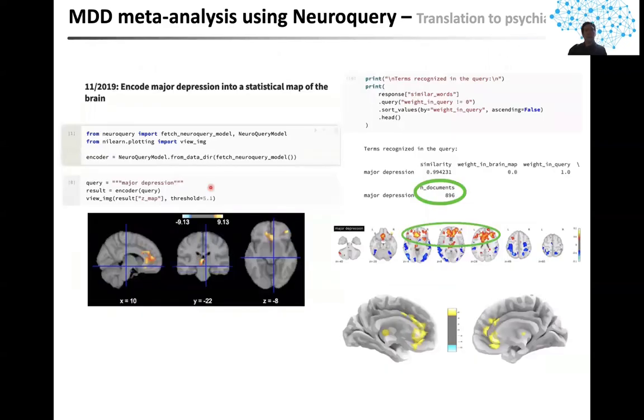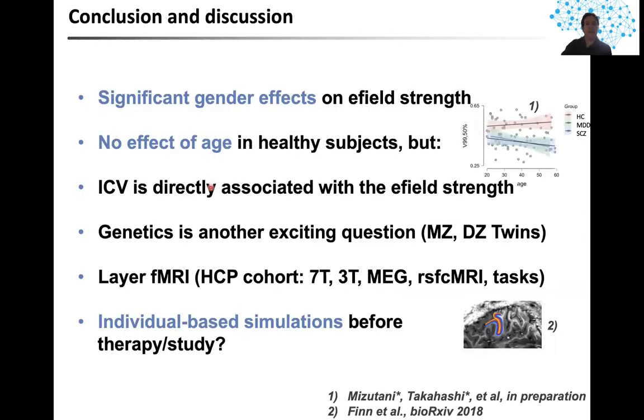Here is some meta-analysis on NeuroQuery on major depression. And again, when you include 896 studies, you find a pattern in the left DLPFC and the ACC that is strongly affected by the disease. We think that with the stimulation, we are on the right location.